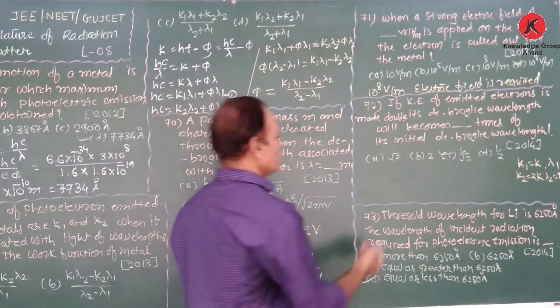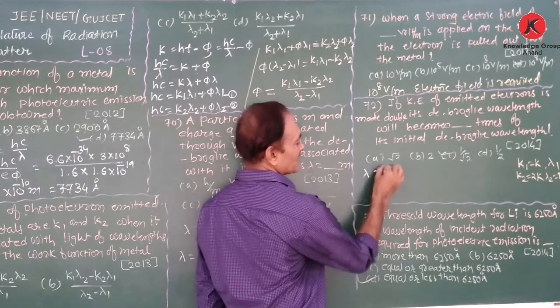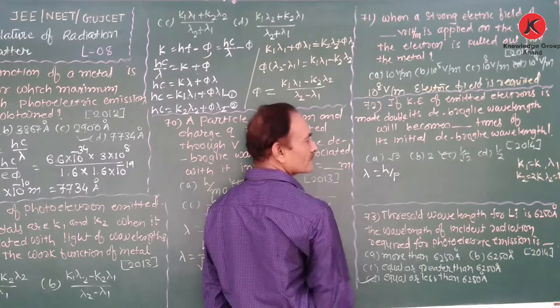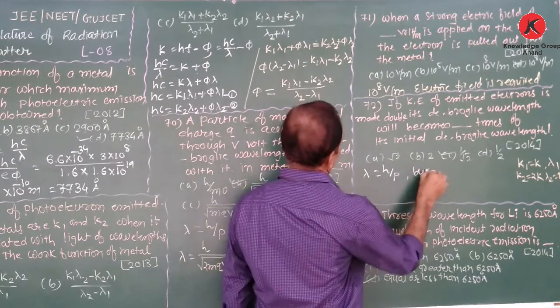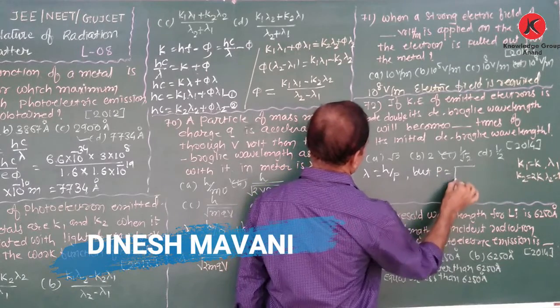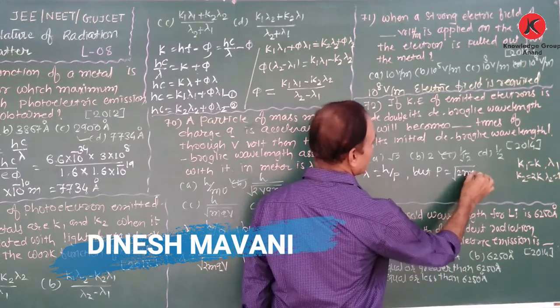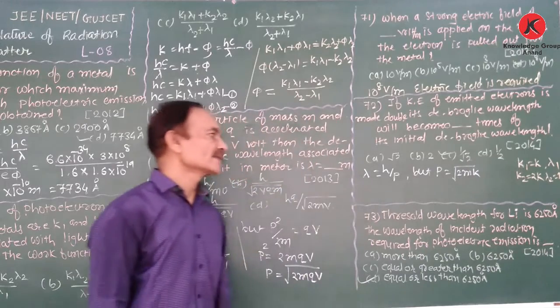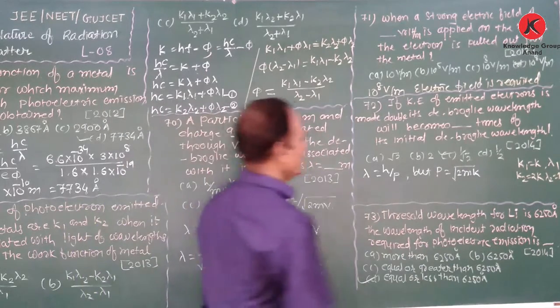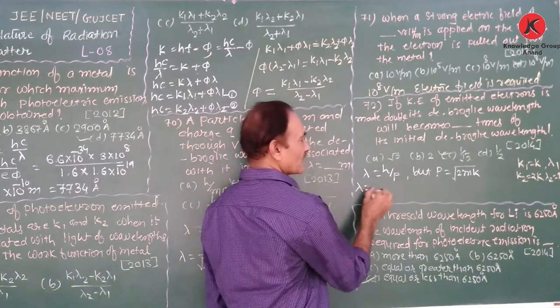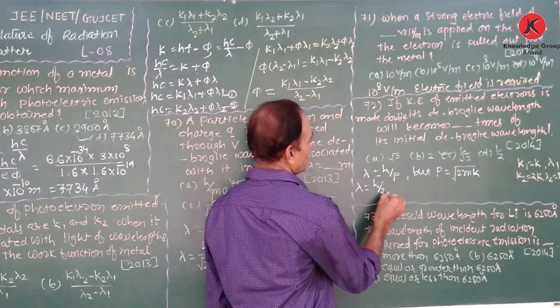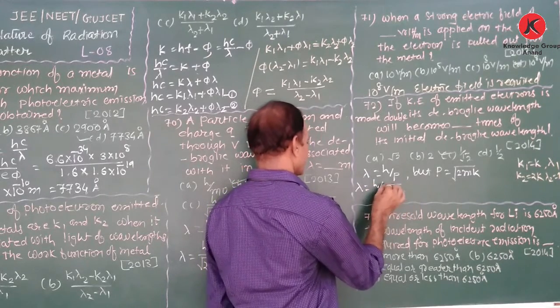So we know that the de Broglie wavelength lambda is equal to h upon p. But momentum in terms of the kinetic energy is under root of 2mK. Therefore, lambda is equal to h upon under root of 2mK.